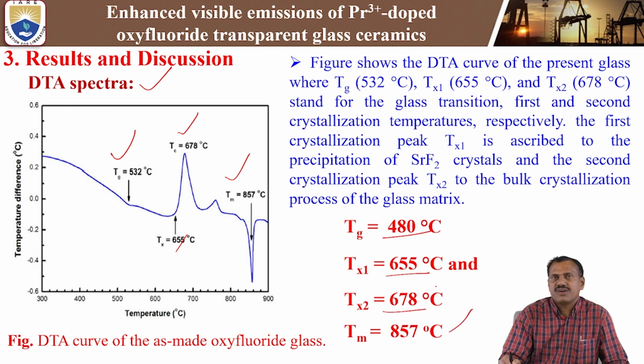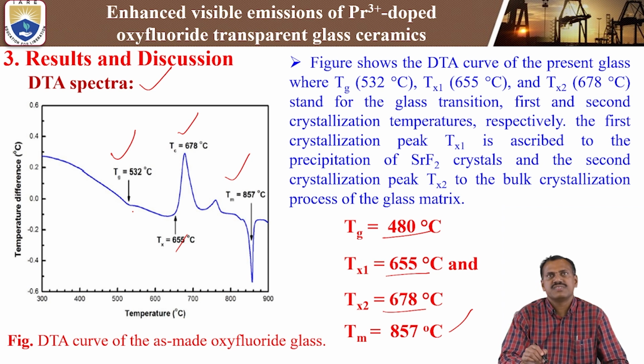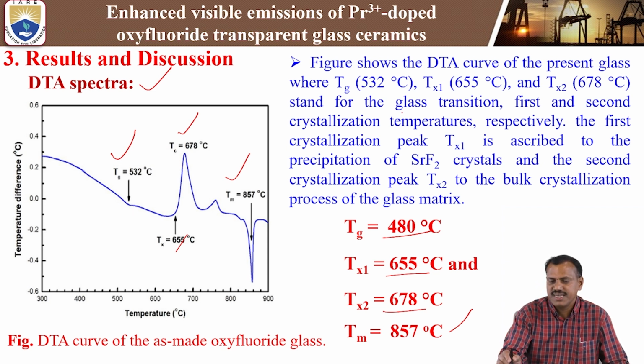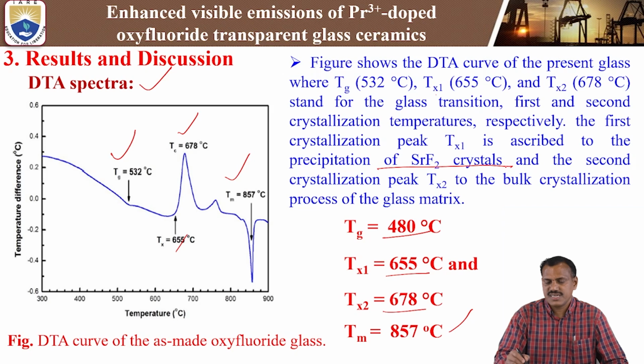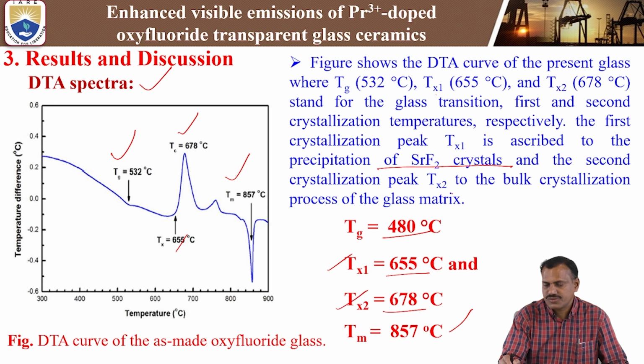So this is the data we get from the DTA. Here we need to focus on Tx1 and Tx2. The first crystalline peak, Tx1, is ascribed to the precipitation of strontium fluoride nanocrystals. The second crystallization, Tx2, shows the bulk crystallization of the glass matrix.